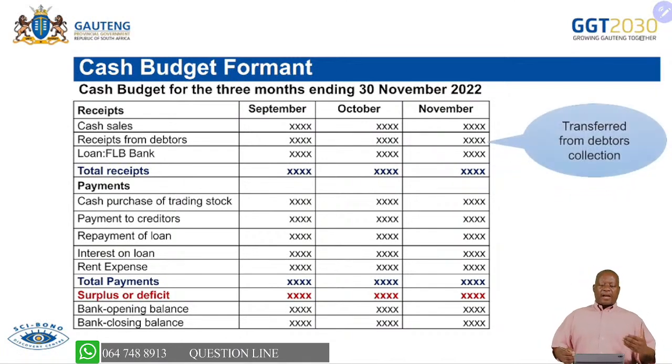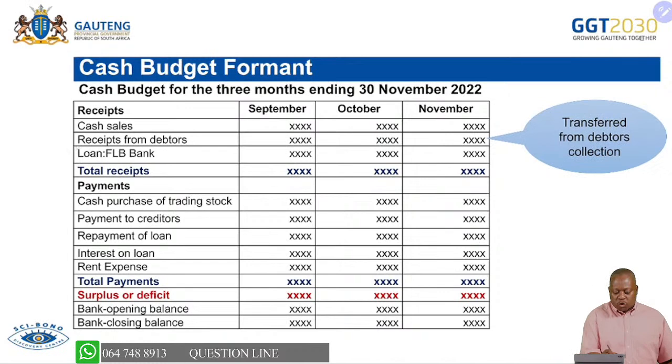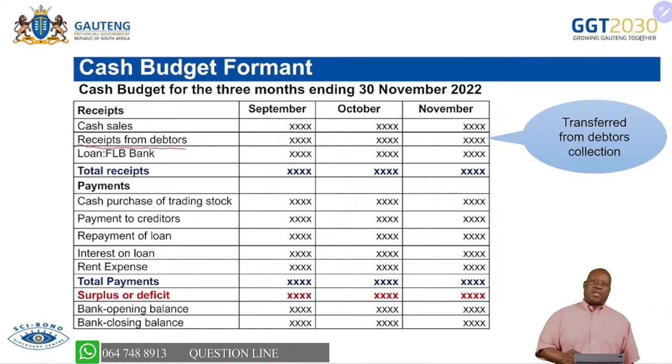Now, please take note of this. After having our debtors collection schedule, we transfer the figure from the debtors collections. It is the one that goes to be receipts from debtors. Very important. So whatever figures we are having from our debtors collection schedule go into our cash budget as our receipts from debtors.